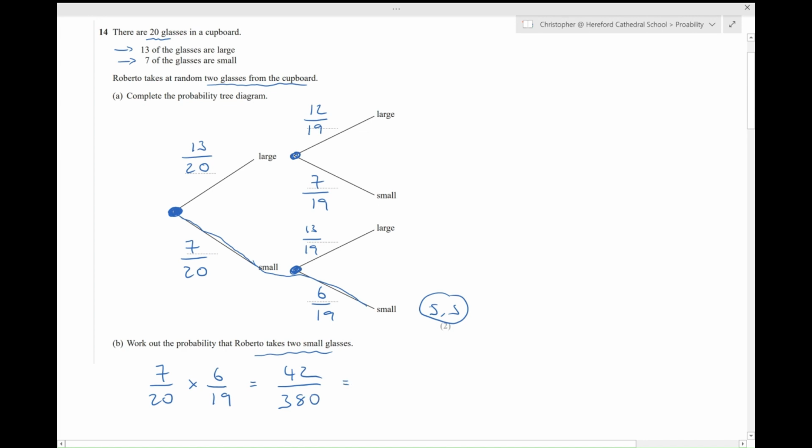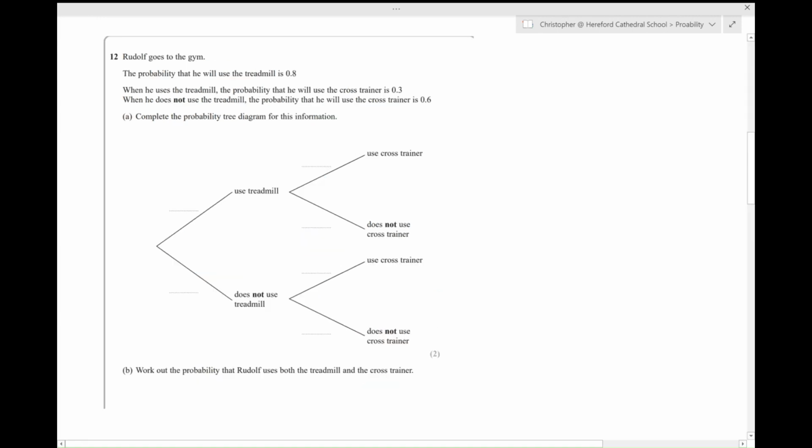And you can cancel that to 21 out of 190. I don't think you can cancel any further, so that is your final answer, and that question is complete.